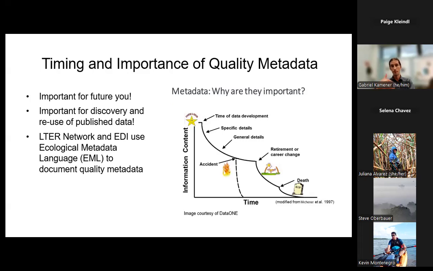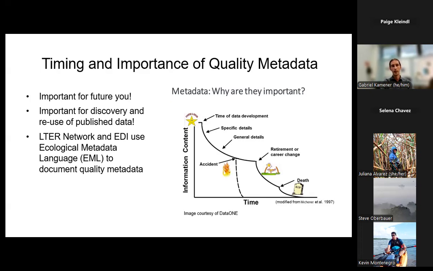And so it's important, as I mentioned earlier, to get as much high quality metadata set up as early as possible. It'll be important for future you. It'll be important for discovery and reuse of your published data. And the LTER network and EDI use the Ecological Metadata Language to document high quality metadata.